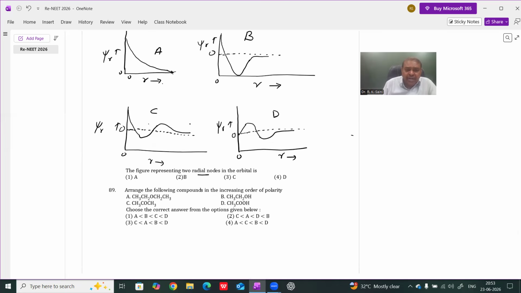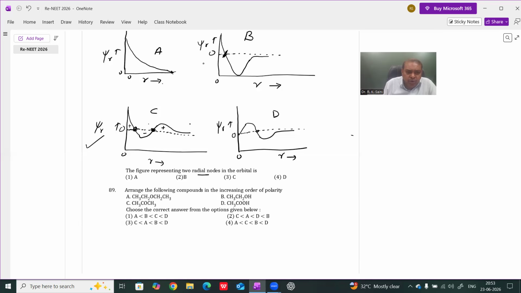This point represents a radial node, 1 radial node. In this graph, 2 radial nodes. When the wave changes its sign, it is known as a radial node. This one has 1 radial node and a 2nd radial node, and this other one has only 1 radial node.